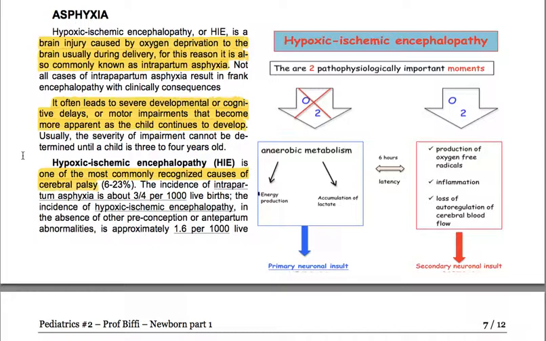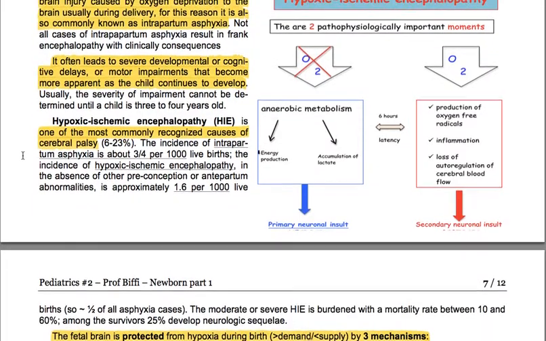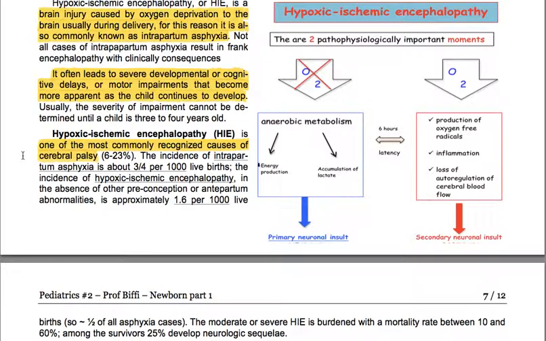The incidence of hypoxic ischemic encephalopathy in the absence of other preconception or antepartum abnormalities is approximately 1.6 per 1,000 live births, so around one half of all asphyxia cases. Moderate or severe hypoxic ischemic encephalopathy is burdened with a mortality rate between 10 and 60%. Among the survivors, 25% develop neurologic sequelae.